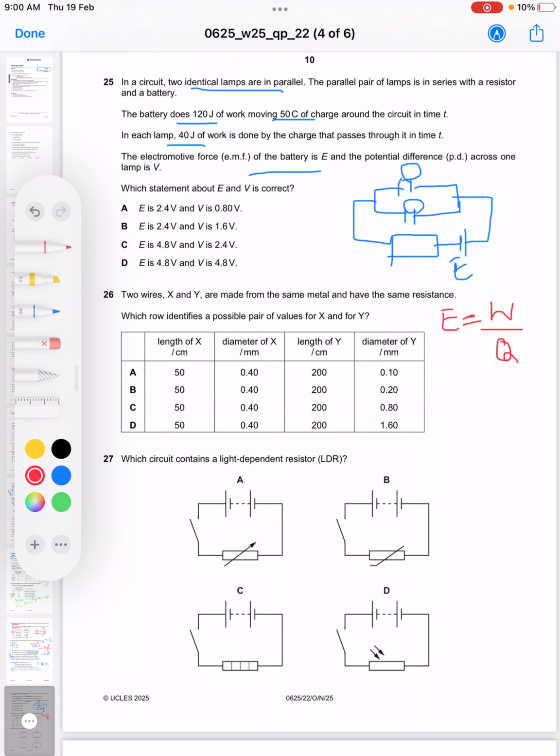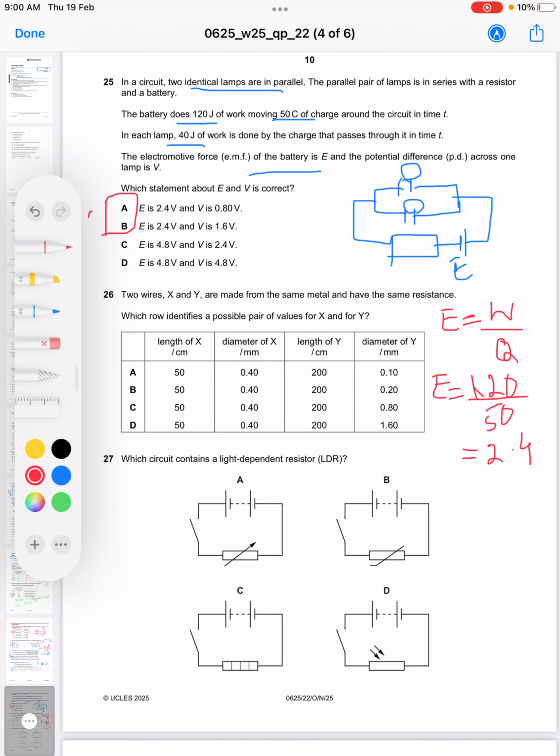So for the battery, the total EMF is basically 120 divided by 50. It will give the answer 2.4. Right? The electromotive force delivered by the battery is 2.4 volts. So you can choose from answer A and B.